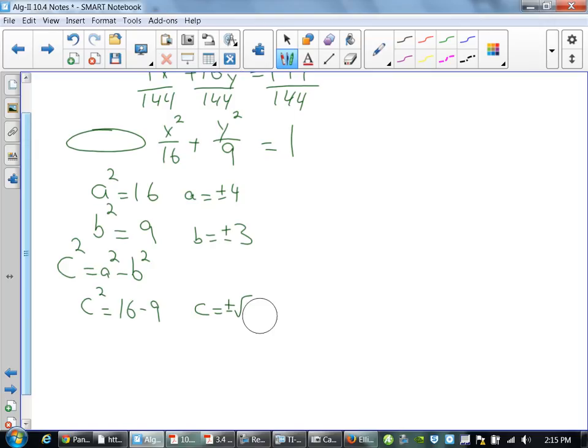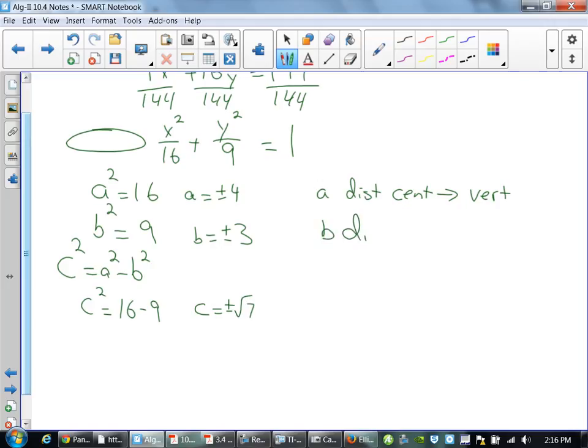If C squared is 7, what's C? So the value of C is just plus or minus the square root of 7. We okay with that? So now you go through what you know. A is the distance from the center to vertex.